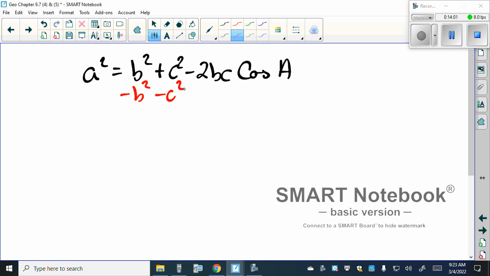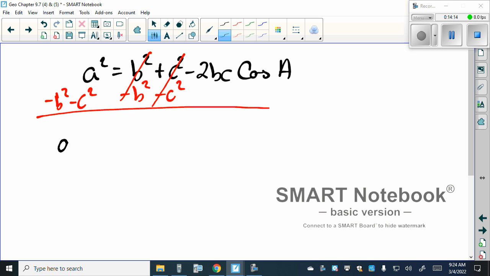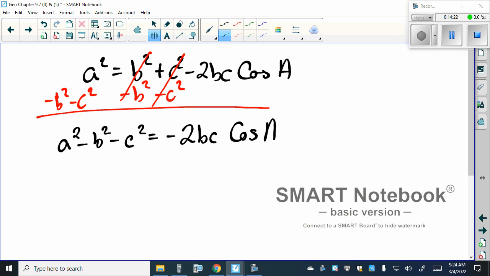So what I want to do is get A by itself. So I'm going to subtract b squared and c squared from both sides, because b squared minus b squared is 0, and c squared minus c squared is 0. Telling us that a squared minus b squared minus c squared is equal to negative 2bc cosine of A, because I'm just trying to get the angle by itself.